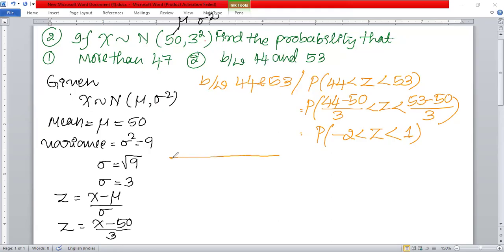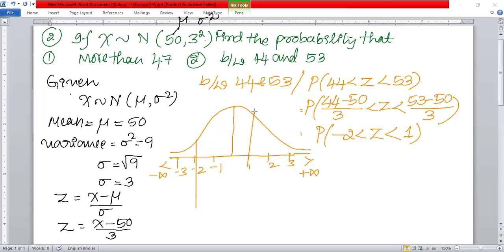So draw the bell-shaped curve. Greater than, lesser than, middlemost value 1, 2, 3. So minus 1, minus 2, minus 3, plus infinity, minus infinity. So first one, minus 2. Second, plus 1. I told you already, between comes, so you have to share in between.